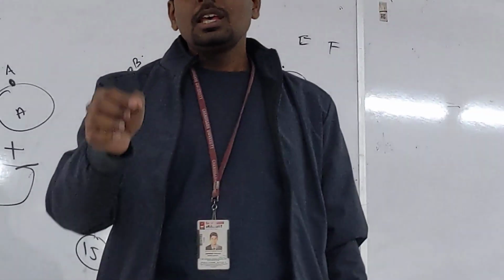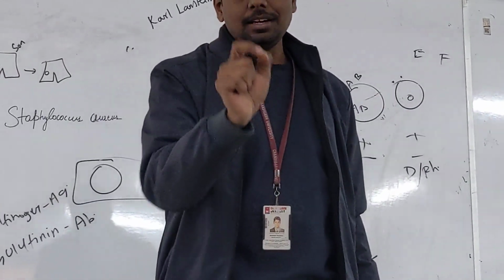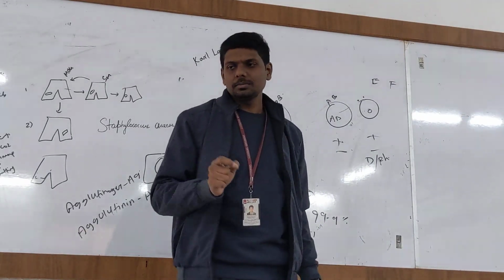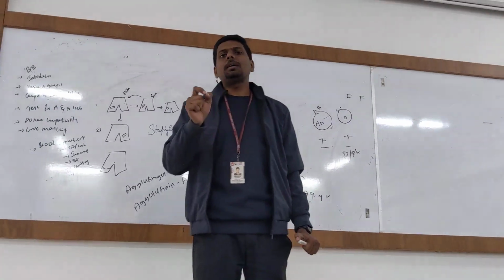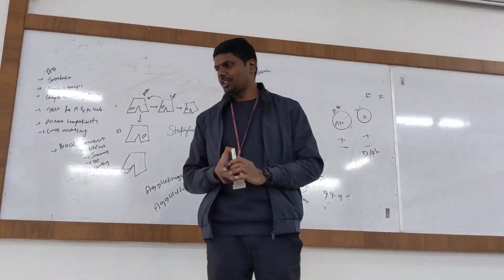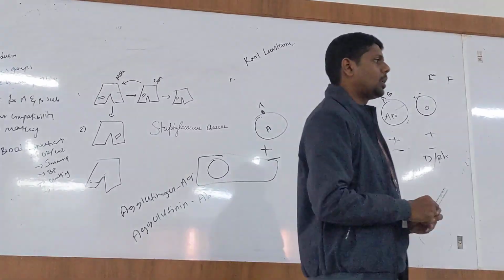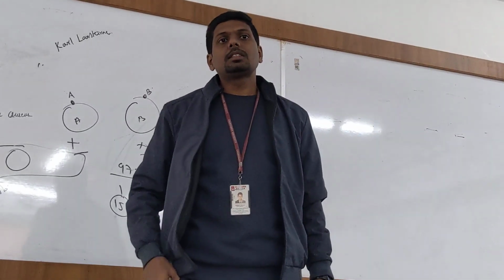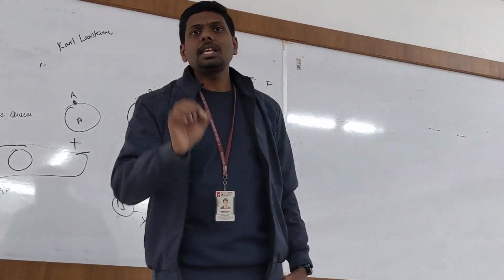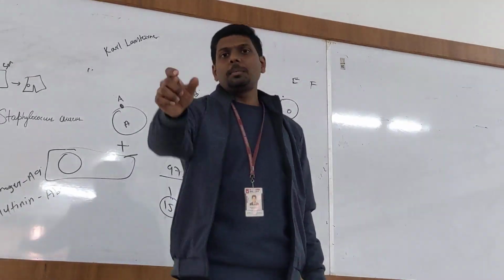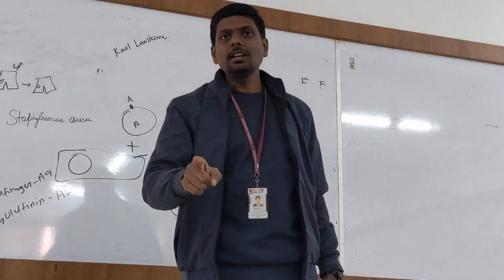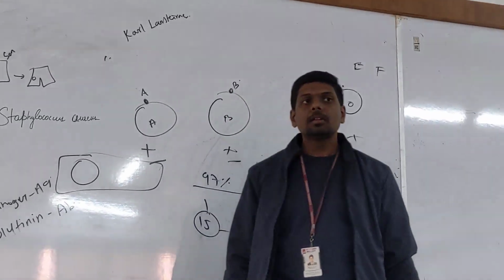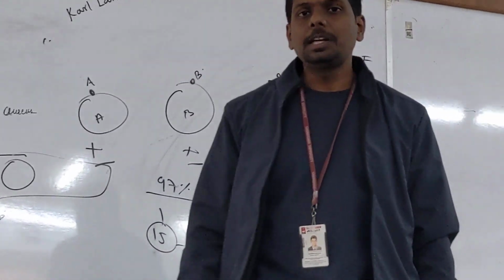He said, if a particular agglutinogen is present on the surface of the red blood cell, the corresponding agglutinin, within brackets antibody, must be absent in the plasma.